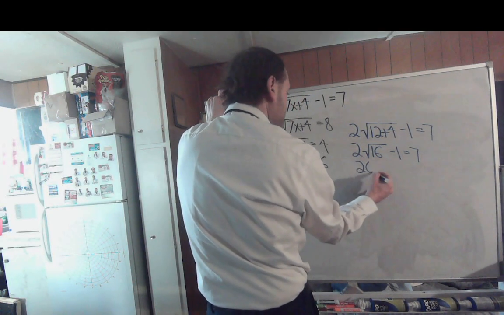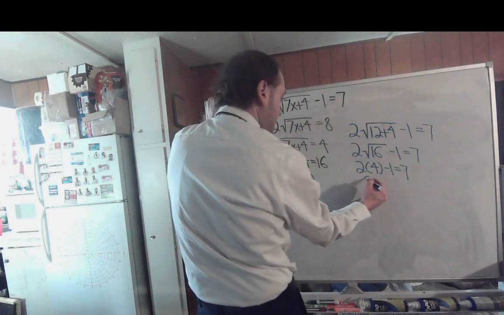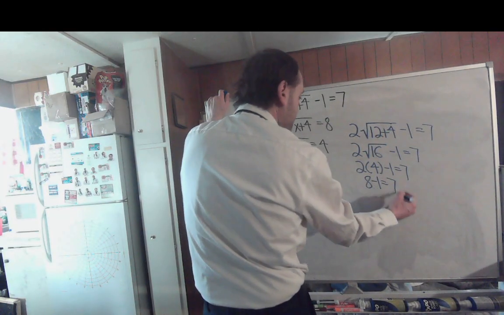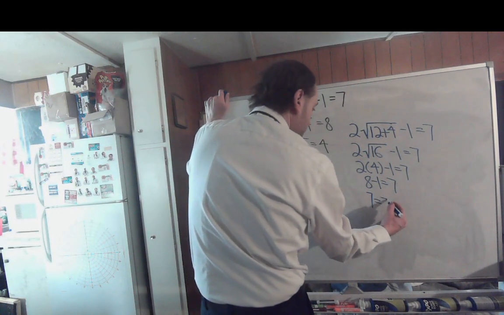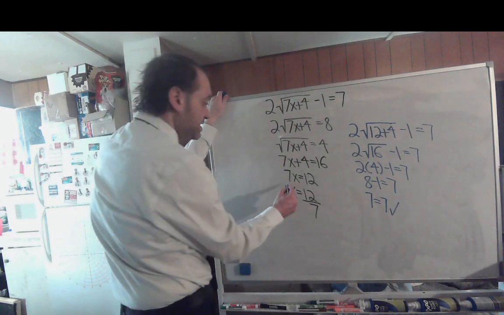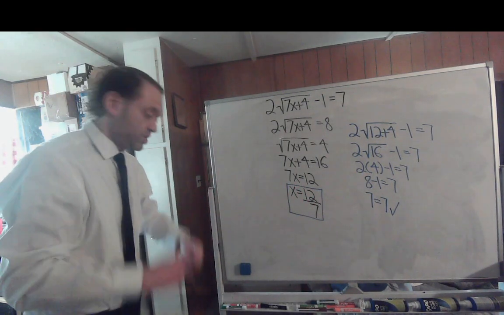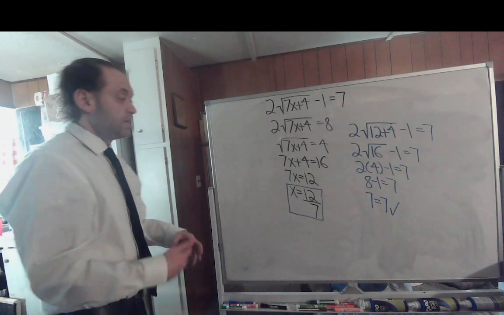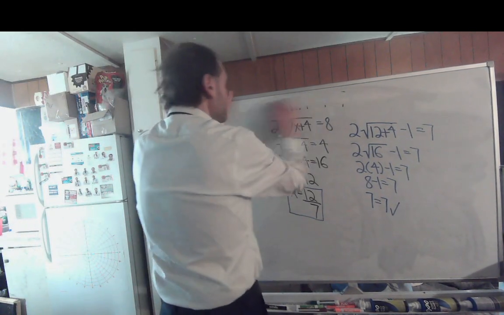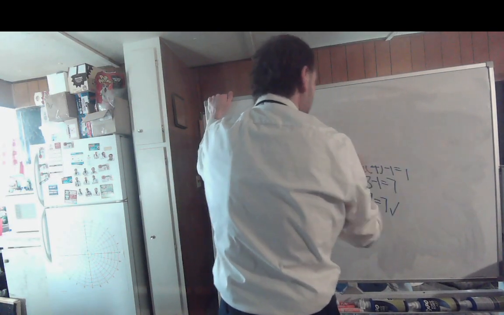So 2 times 4 minus 1 equal to 7. 8 minus 1 equals 7. And then 7 equals 7. So we got a true statement on both sides. That means that x does in fact equal 12/7. That is the solution to this one. Again, not the prettiest, but you will get answers like that sometimes.